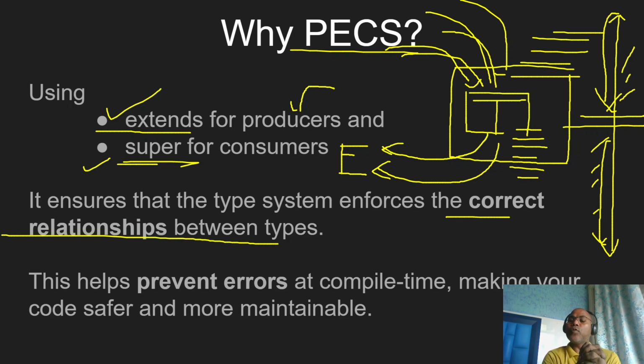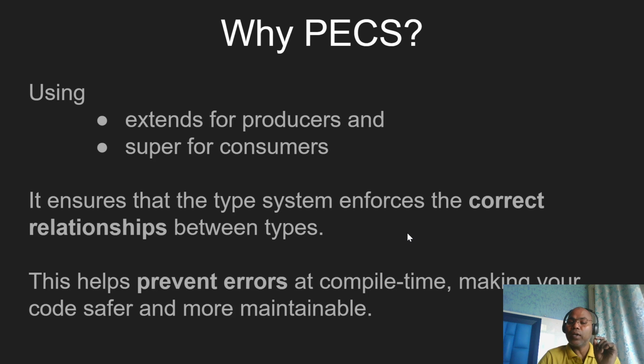So here the PECS principle enforces the correct relationship between the types. Whatever bounded types you define, this principle helps us developers apply the correct relationship. If we apply the correct relationship between super and extend as a bounded type parameter, this helps us prevent compile time errors and makes your code more readable and maintainable.